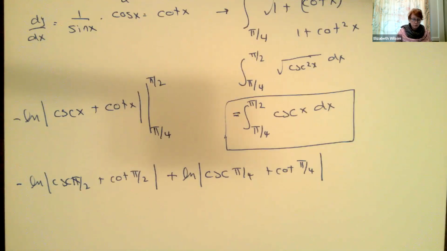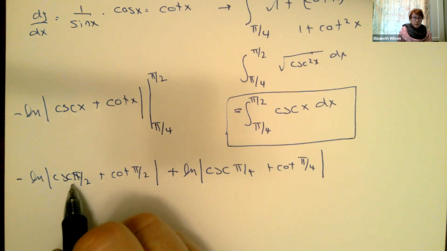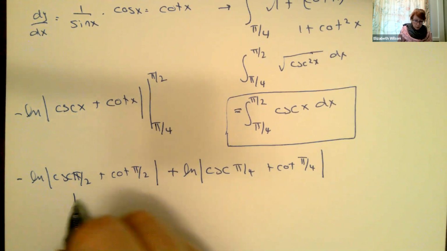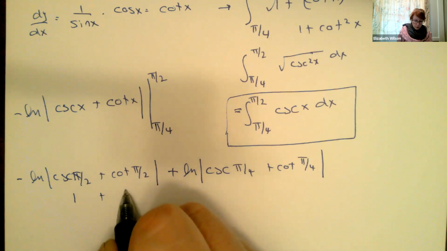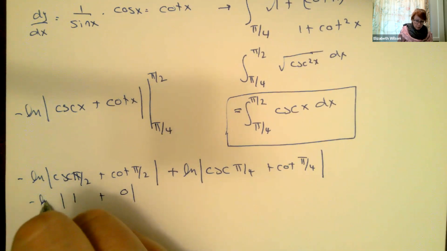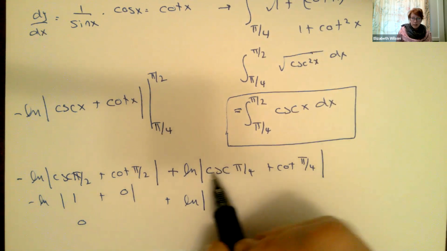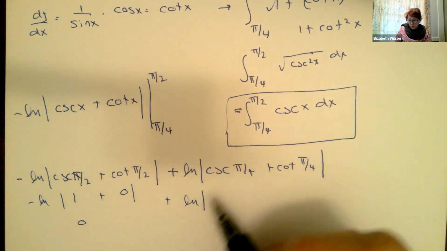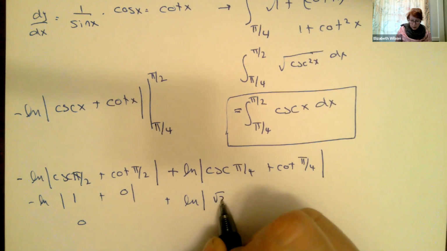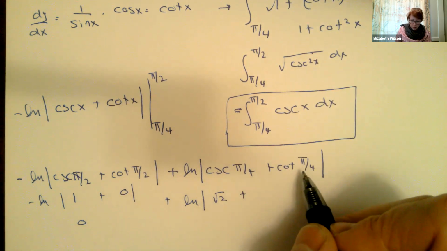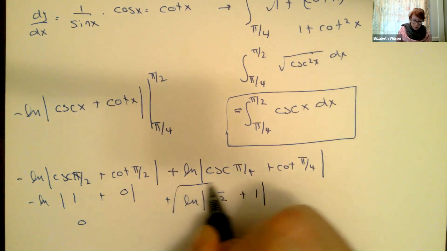Cosecant is 1 over sine. Sine of pi over 2 is 1, so this is 1, plus cotangent of pi over 2, which is 0. So this is minus ln of 1, which becomes 0, plus ln of cosecant of pi over 4, which is radical 2, plus cotangent of pi over 4, which is equal to 1.